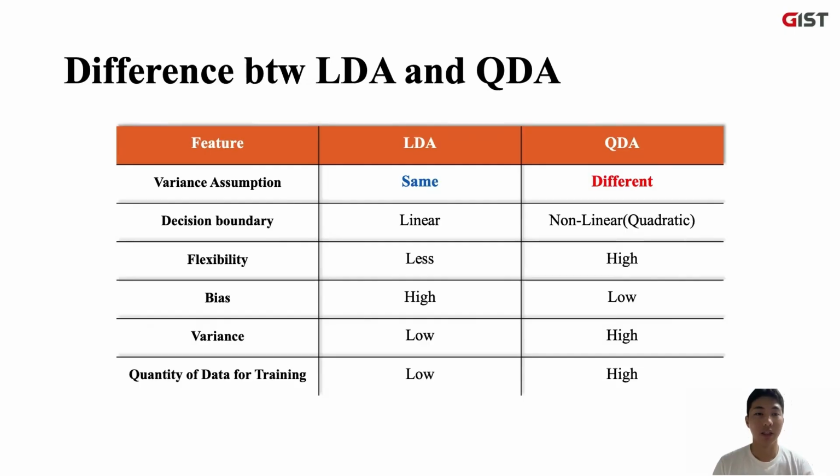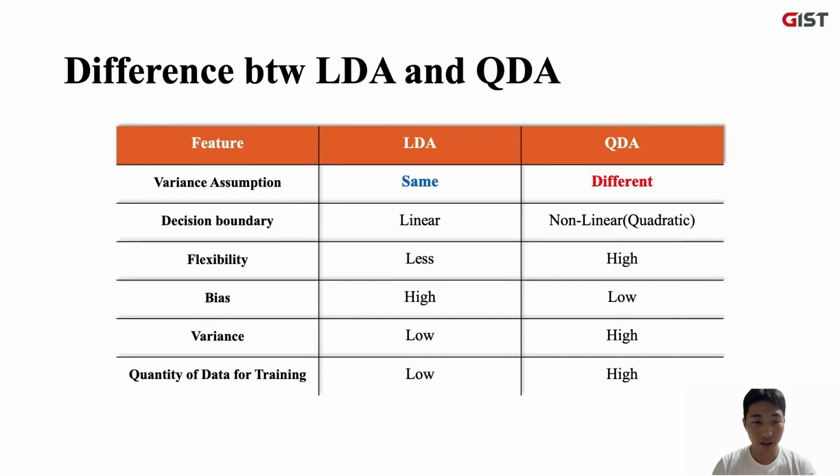Finally, this brings us to the quantity of the data for training. This is closely related to model complexity. LDA needs to estimate fewer parameters, just one common covariance matrix, so it can perform reliably even with a low amount of data. QDA, on the other hand, needs to estimate a separate covariance matrix for each class.